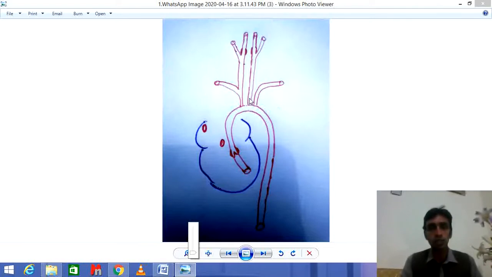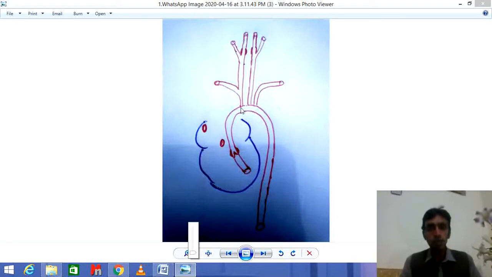This is the left common carotid artery, which also gives the external and internal carotid arteries. And this one, which we have learned previously, is the left brachial artery, not brachiocephalic.